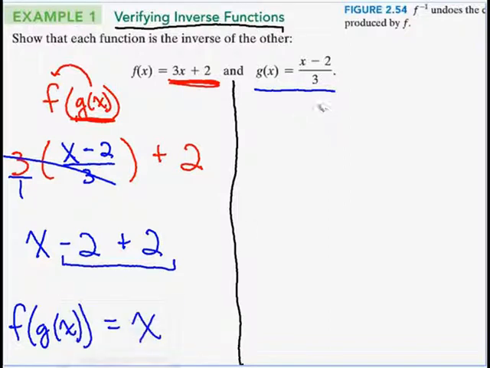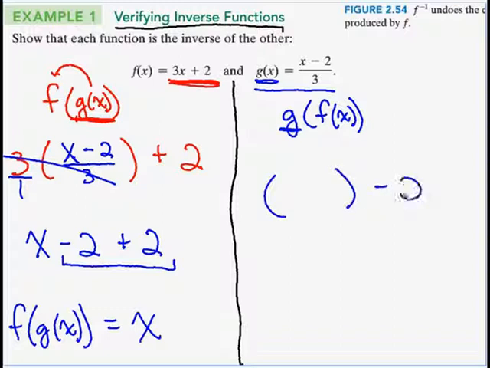And now I'm going to compose them in the reverse. g of f of x. So g is the outer function, and here's my g function. It was x minus 2, all divided by 3. But I'm going to take the x out and replace it with the other function, f.